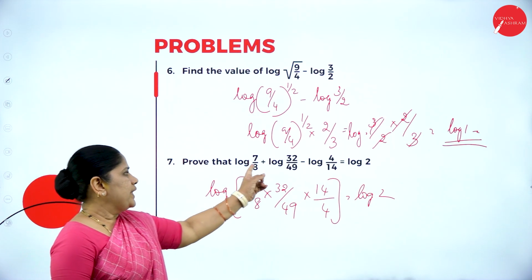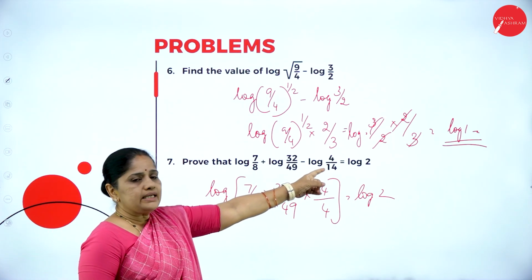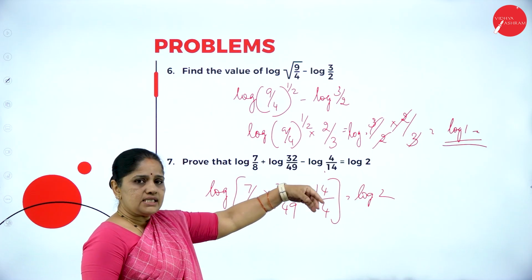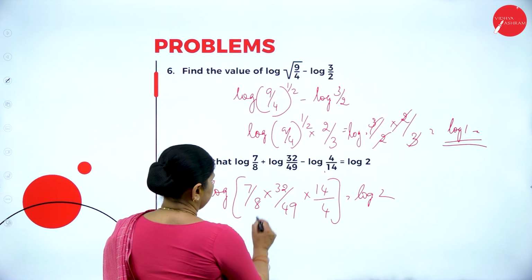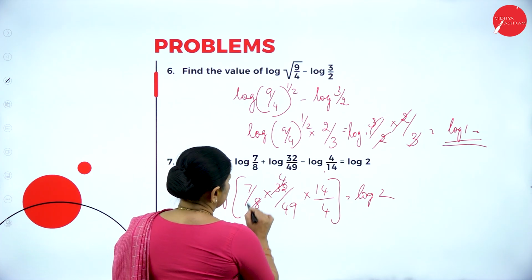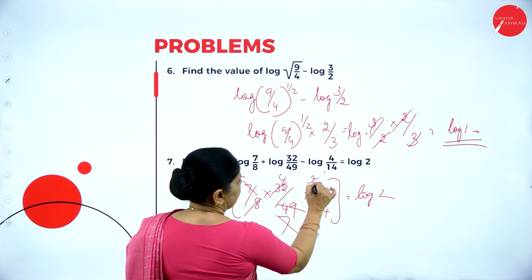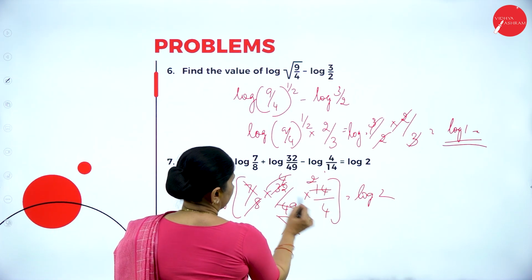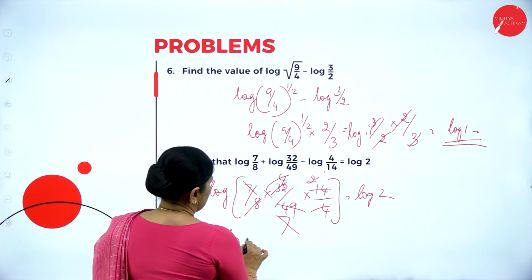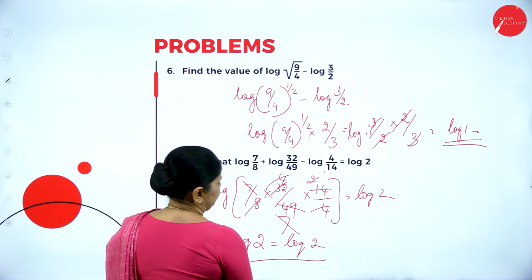When there is addition of logs, I can multiply, and when there is a minus, I can just multiply by the reciprocal of that. So 8 4s are 32, 7 7s are 49, 7 2s are 14. Here 4 and 4 get cancelled. So I am left with log 2 equals log 2.